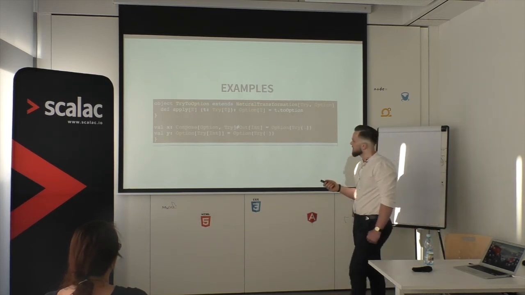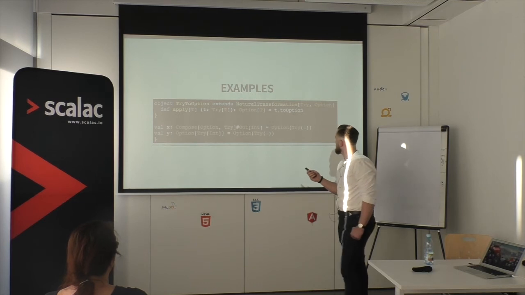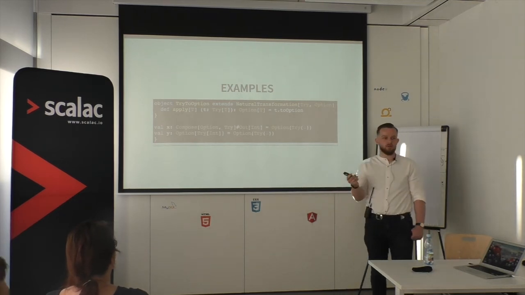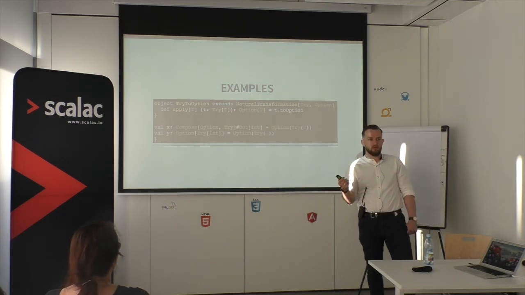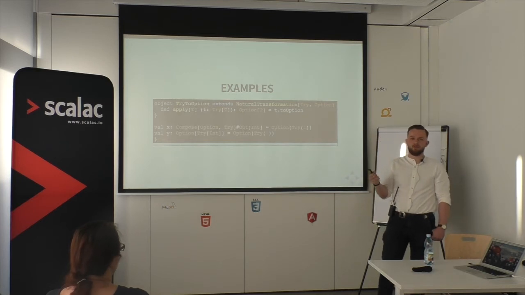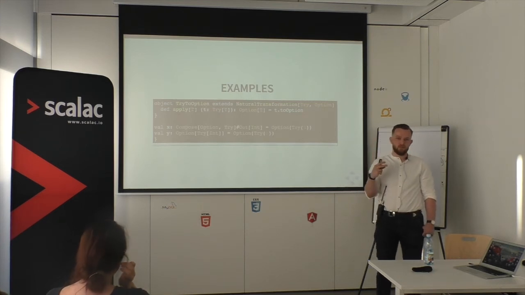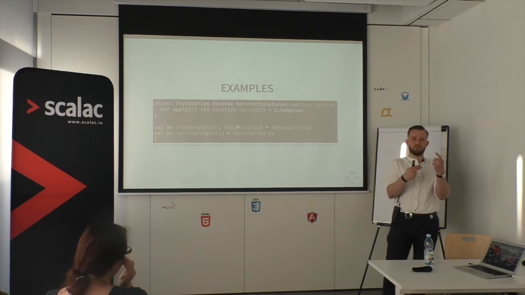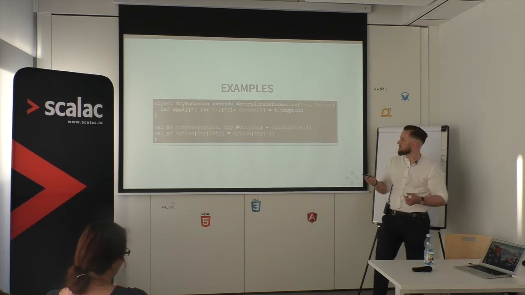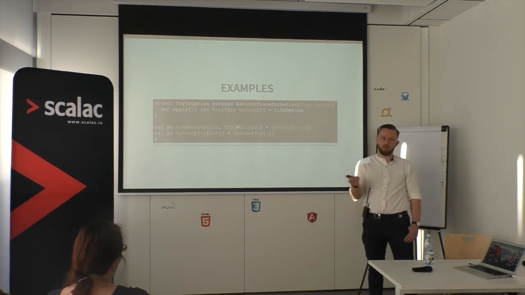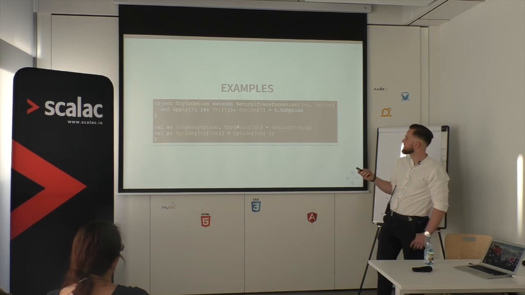Okay, so the examples. The example of the natural transformation from Try to Option. Do you know the Try type? It's basically the same as an Option, but instead of Nothing, we have a wrapper over an exception. So we either have a value or we have an exception. It's just a simple container like Option or ID.